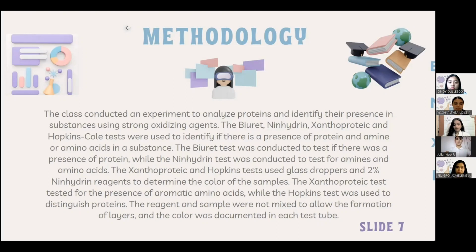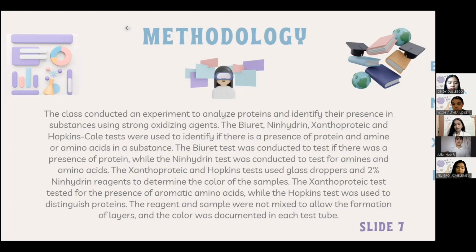Thank you, Ms. Yson. For the xanthoproteic test, the samples of distilled water, tyrosine, tryptophan, phenylalanine, and albumin were tested for aromatic amino acids. 1 ml of each sample was added to the test tube, along with 1 ml of concentrated nitric acid for each sample.